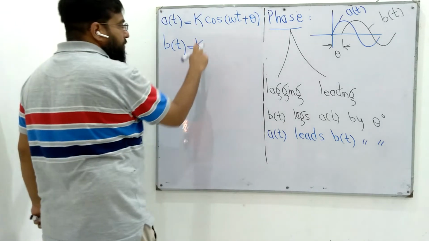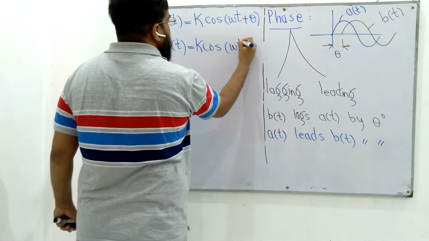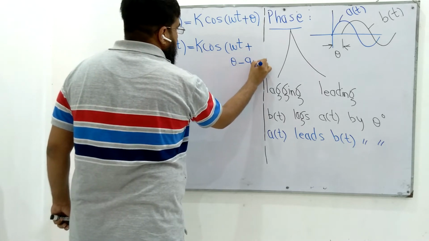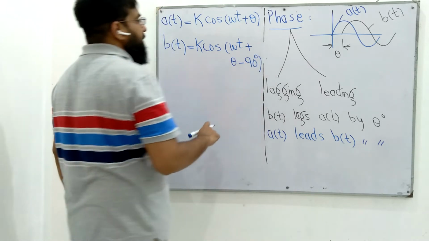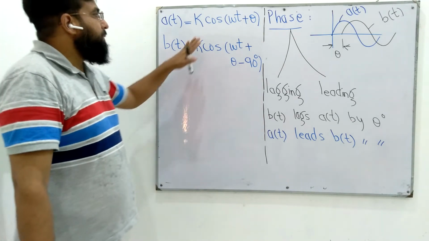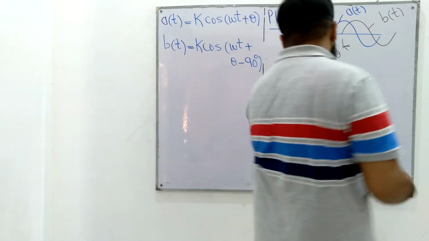B of t has also the same magnitude term, the same cos, the same frequency, plus theta minus 90 degrees. How do you plot these two together? This is like this. A of t, B of t is this.